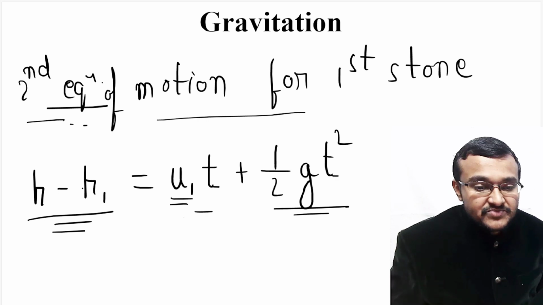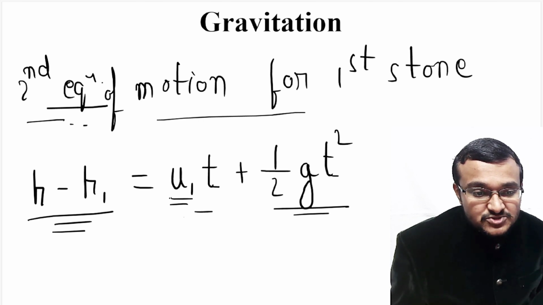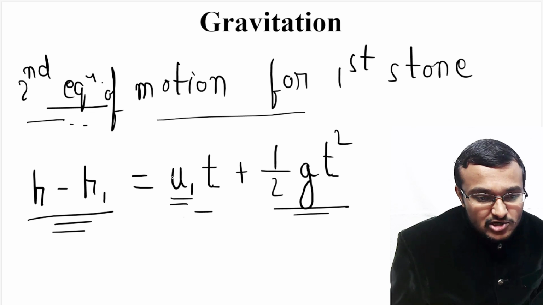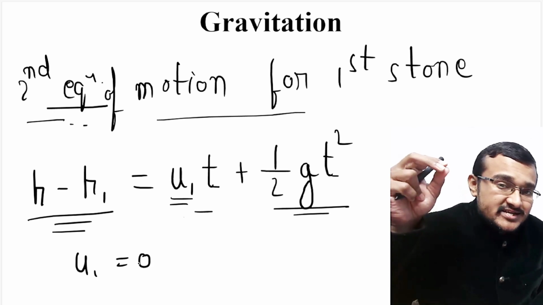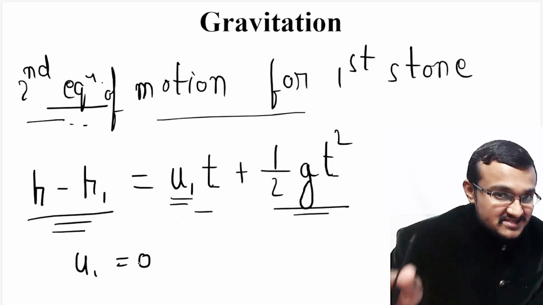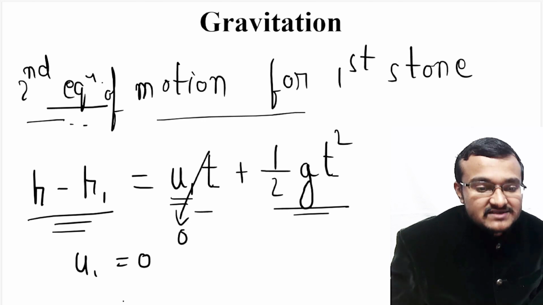Here the second equation of motion for the first stone is h minus h1 is equal to u1t plus half gt square. We all know u1 is equal to 0 because the stone is dropped from a particular height, so the initial speed of that stone was 0. So this entire term becomes 0.